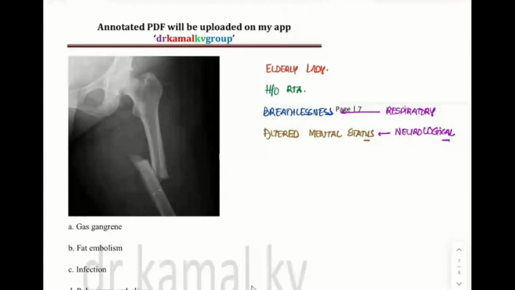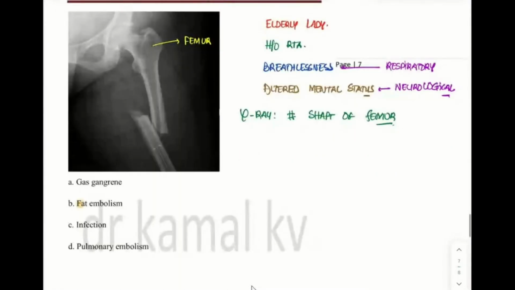Which bone is fractured here? Obviously this bone is the femur, and we can see the fracture of the shaft of the femur. So the X-ray is showing a fracture of the shaft of the femur. Now all these clues give us the possibility of fat embolism syndrome.